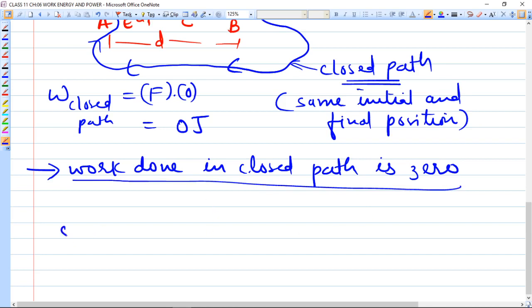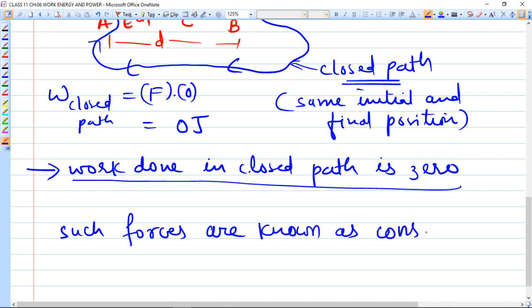Such forces are known as conservative force. So what did you get today? What is conservative force?